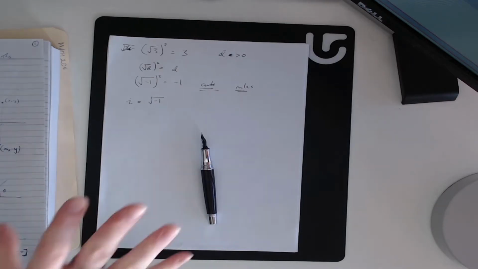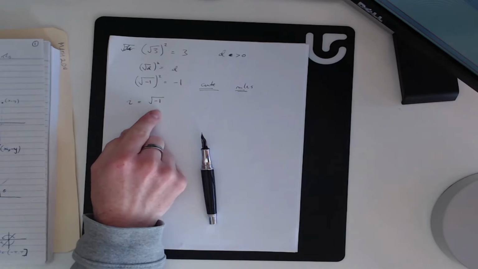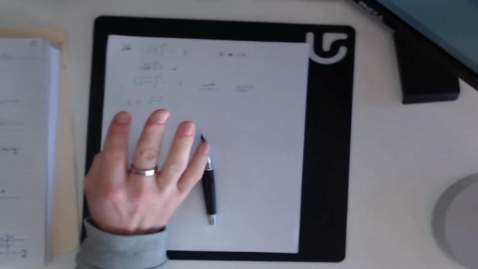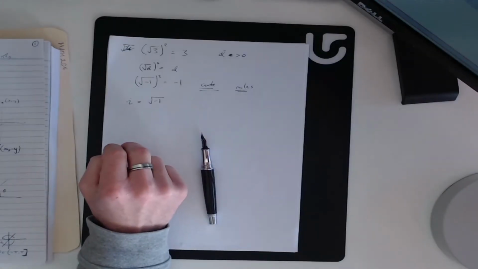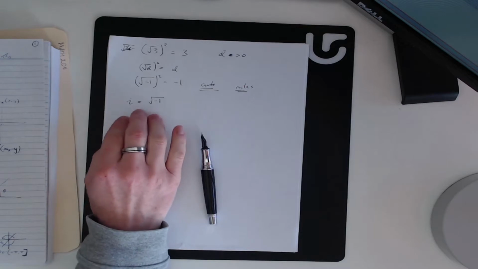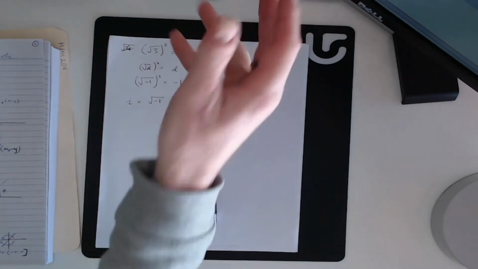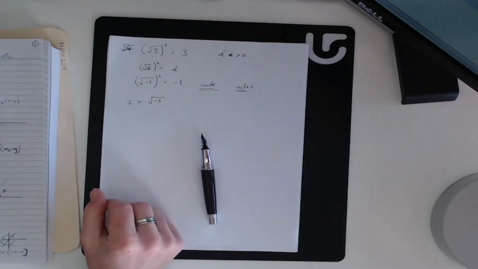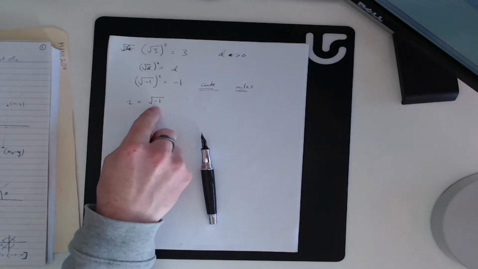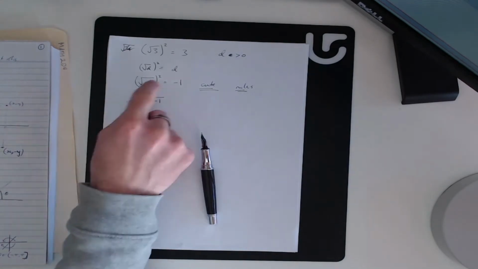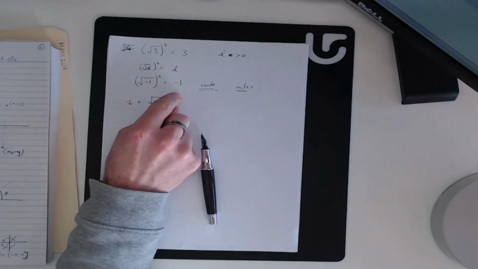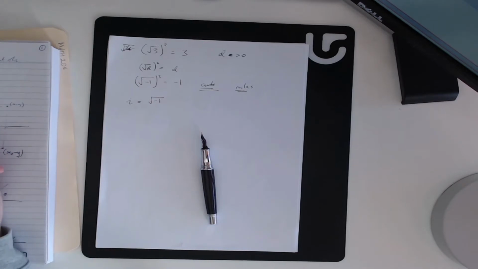As you will see later on in the class, this number is actually related to rotations. And so whenever you have rotations or things that twist things, i often turns up, or at least something that behaves a bit like or can be interpreted like the square root of minus 1. In other words, something that when you square it, you get minus 1. It turns up a lot, even in general relativity.